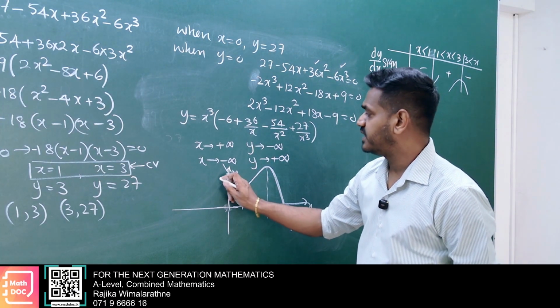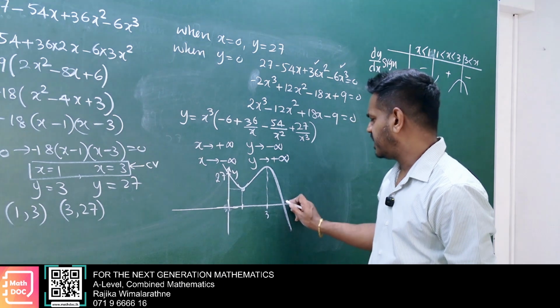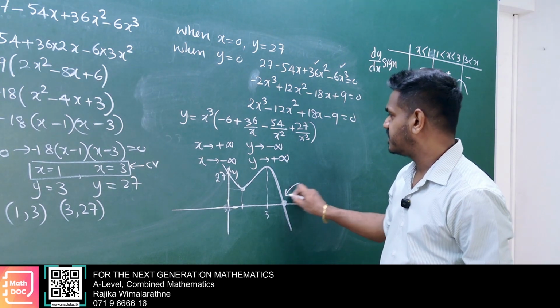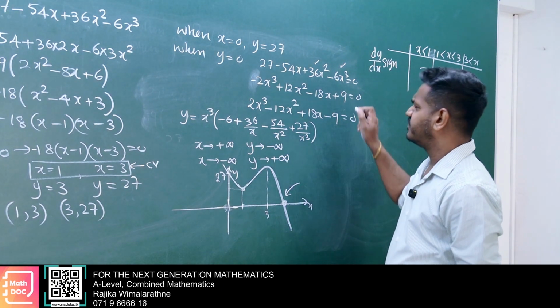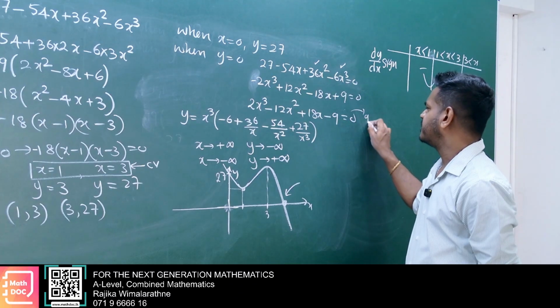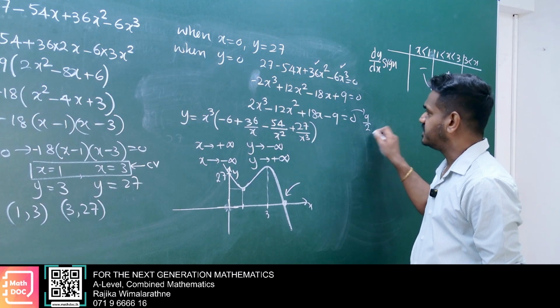At x equals 0, the y value is 27. Here there is only one x-intercept. Here we have only one factor. See, 9 divided by 2. I think this will be the factor.